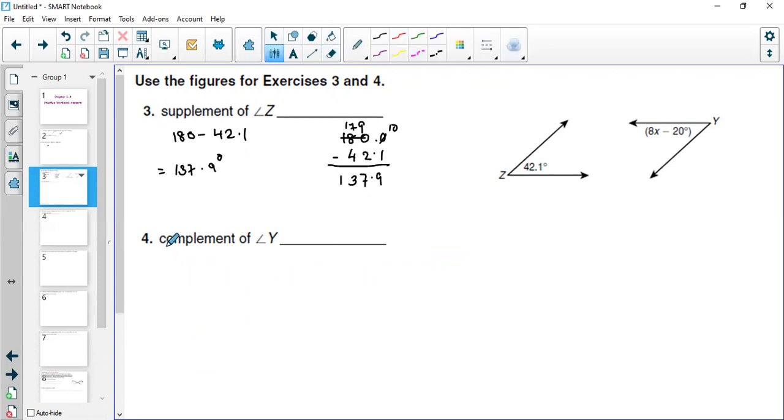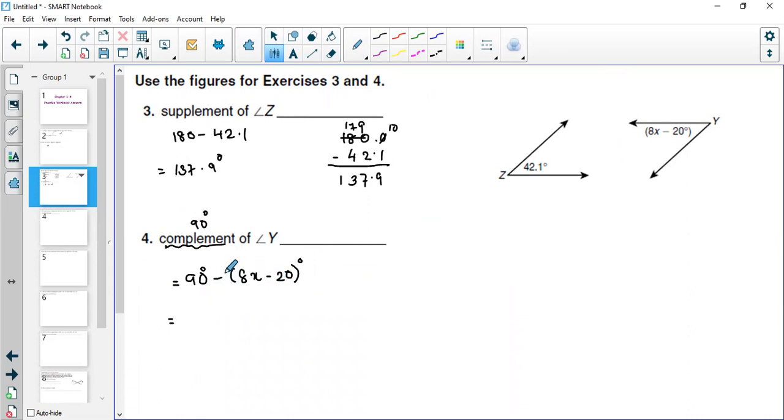Complement of angle y. So when you hear the word complement, that means 90 degrees. So angle y is 8x minus 20. What are we going to do? We are going to write it as 90 minus (8x minus 20) degrees. Now I hope you remember that I told you you need to remove the parenthesis.